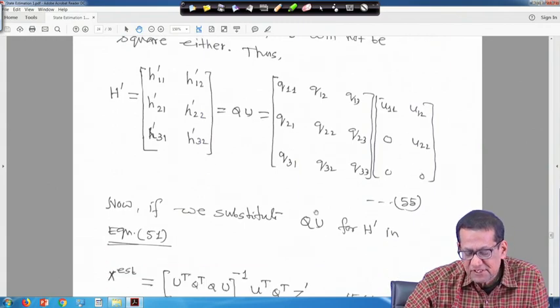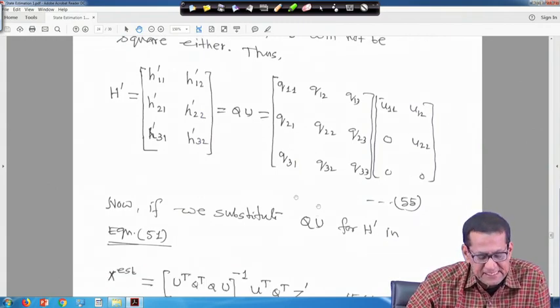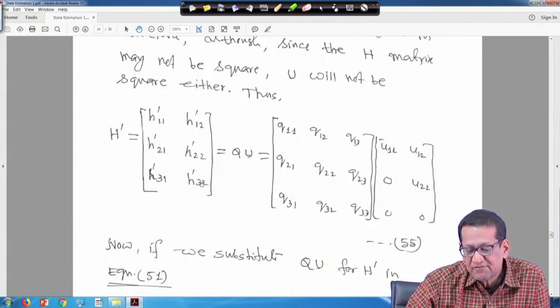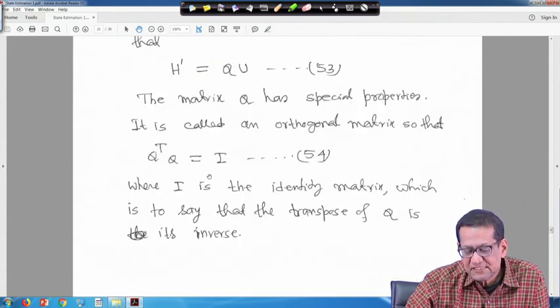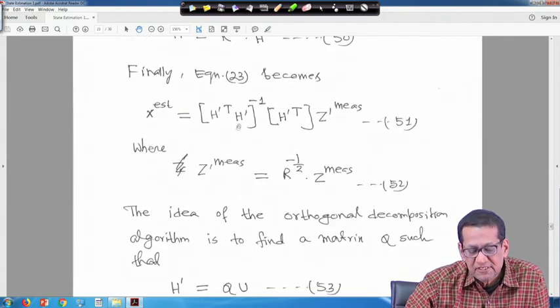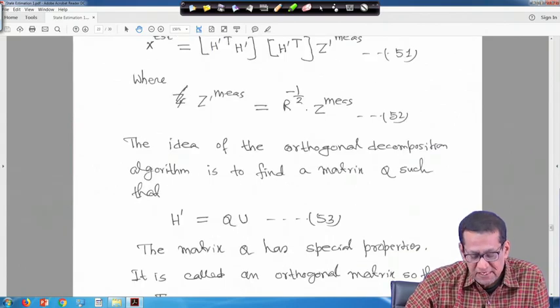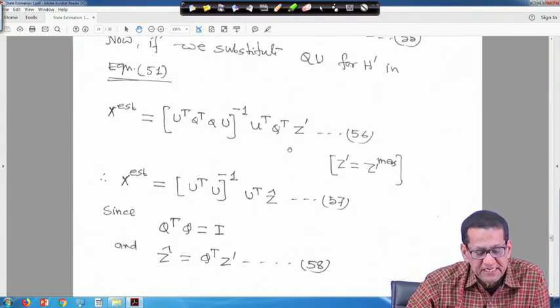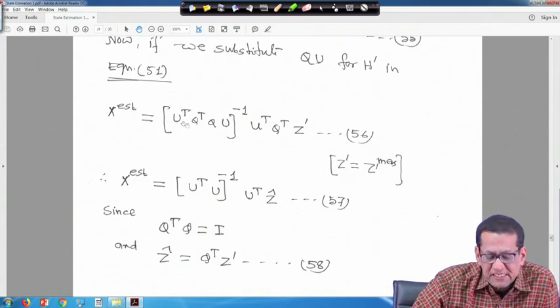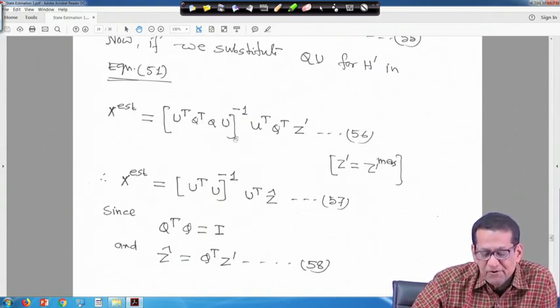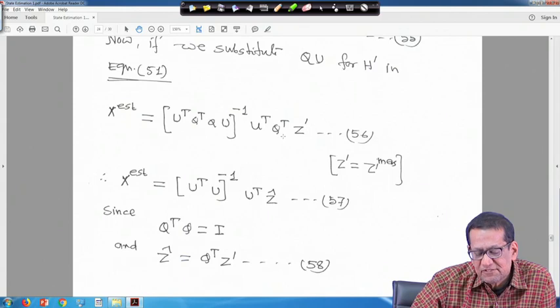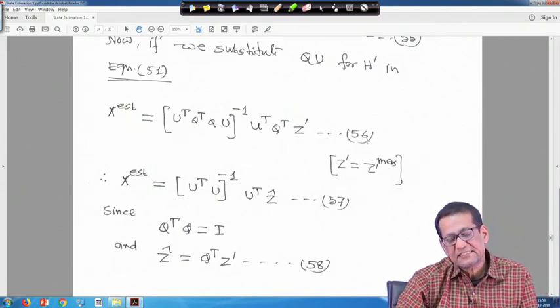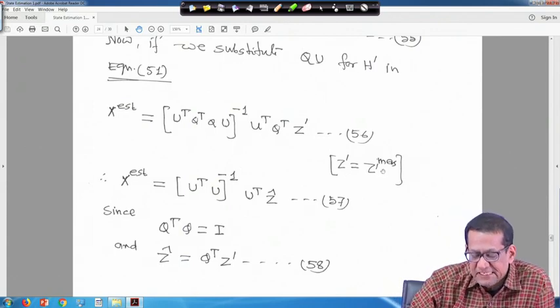Now, if we substitute Q U for H dash in equation 51, then x estimated will be U transpose Q transpose Q U whole inverse, then U transpose Q transpose Z dash. This is equation 56, where Z dash is Z dash measured.